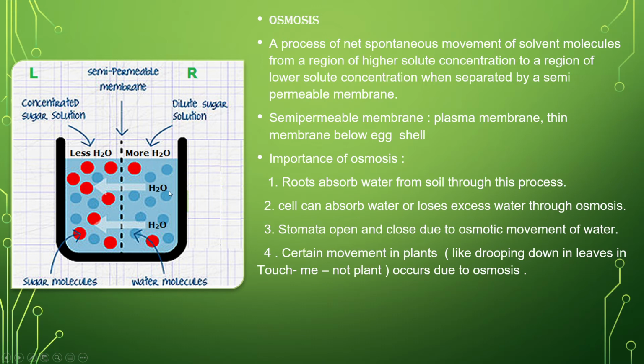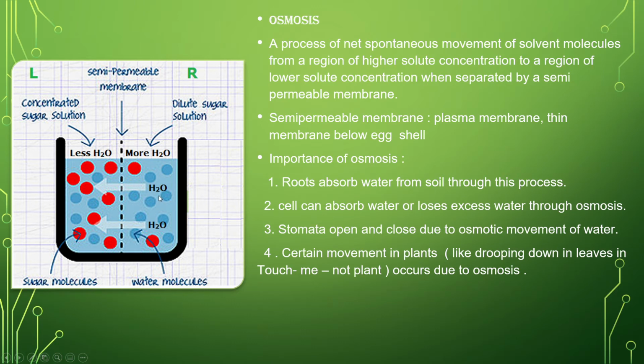Dilute sugar solution means more water. It is a solution of water and sugar, where more water is present here and less water is present there, and the solute concentration is low.